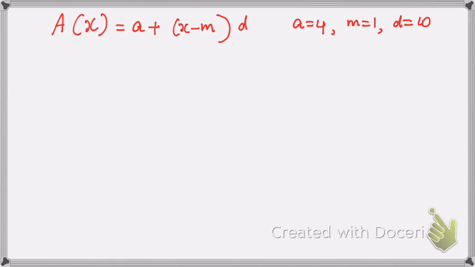Okay. So all I did here in this slide is that I just wrote down the original equation from the previous slide or the question, and also the values of a, m and d. Okay, so now let's find a of 10.